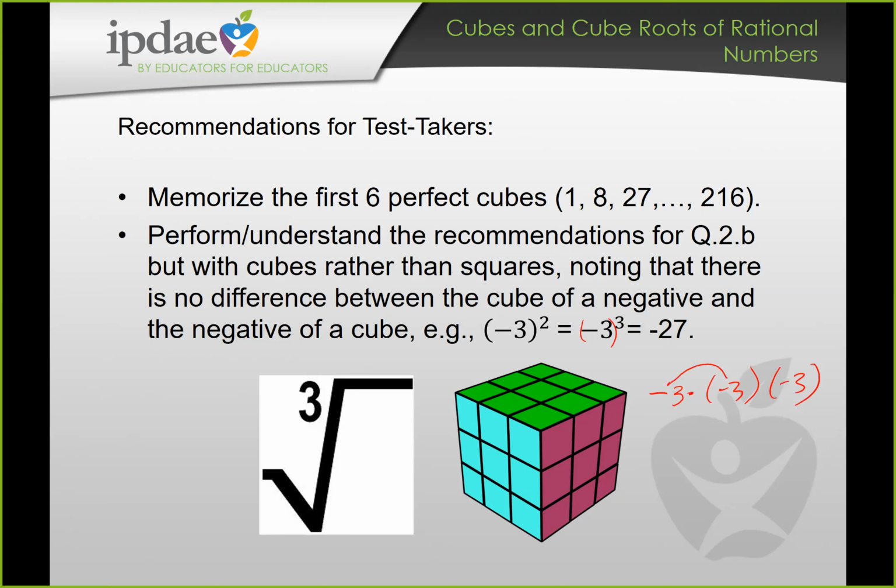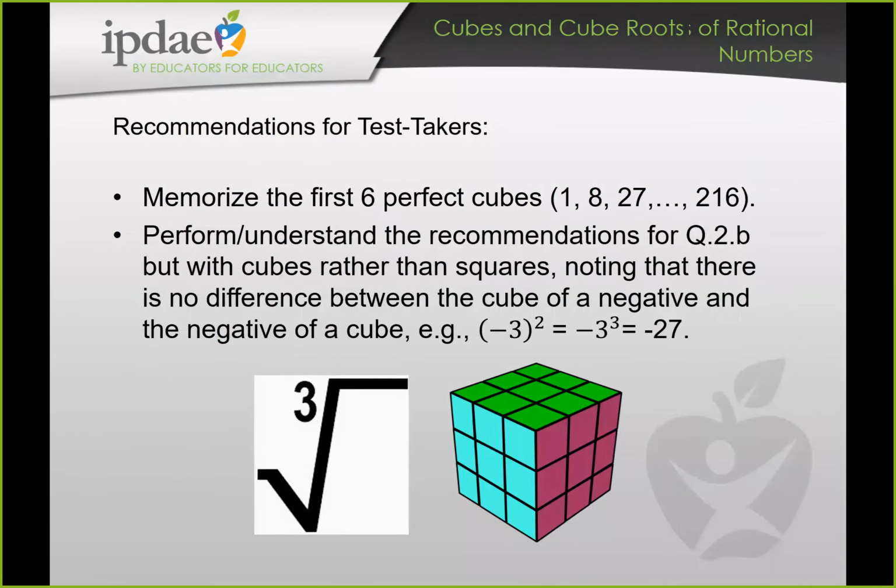So the first operation, multiplication, changes that 3 to a +9, and then you still have that one negative remaining there. So 9 times 3 is 27, but because this 3 is a negative, your answer remains a negative. That's the main difference I show my students when you're cubing, in contrast with squaring.